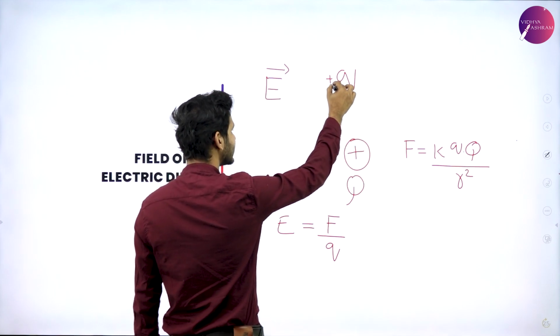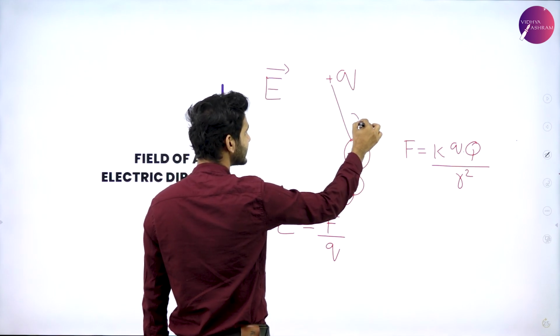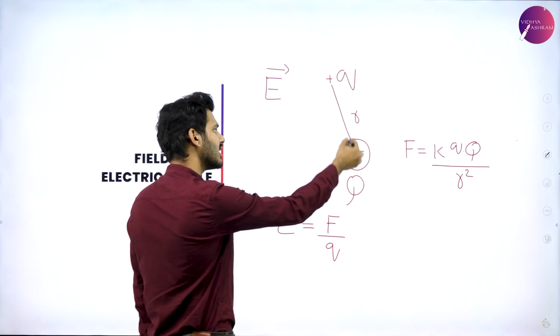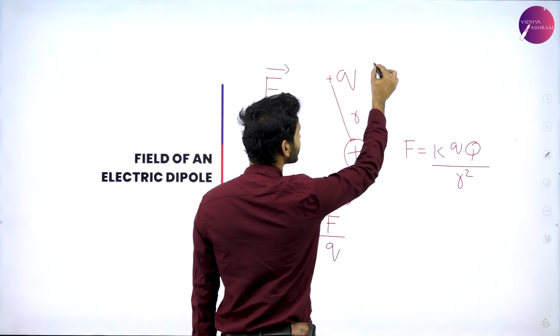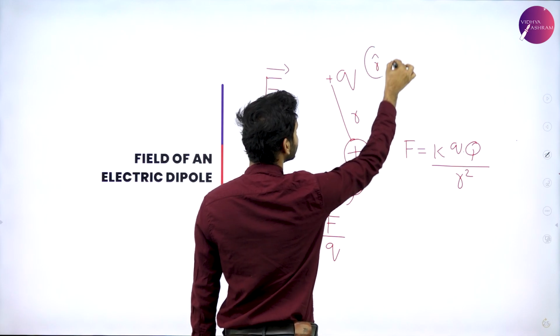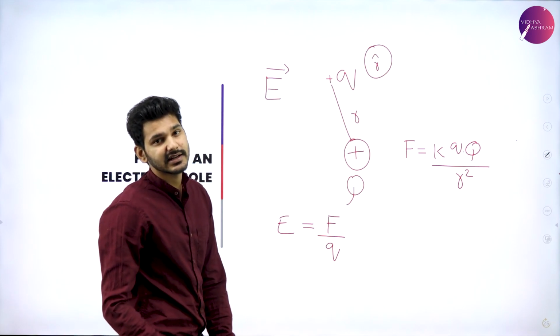Let's say this is the distance between them, denoted by R. Then the direction will be indicated by the unit vector R cap.